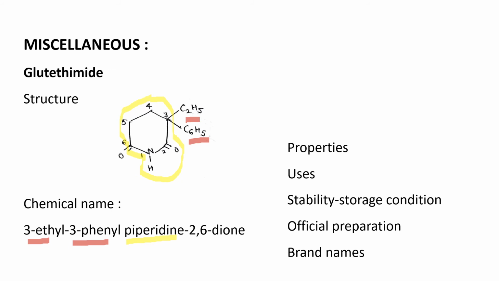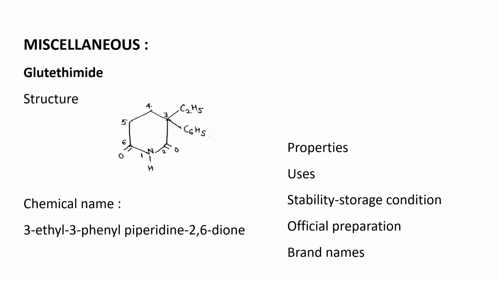Properties: it occurs as white odorless crystalline powder with a bitter taste. It is freely soluble in alcohol, soluble in acetone, practically insoluble in water. Stability: storage, affected by air, moisture and light, hence stored in tightly closed light resistant containers.